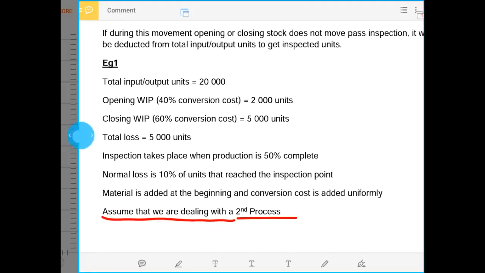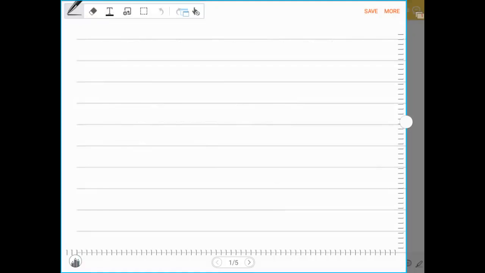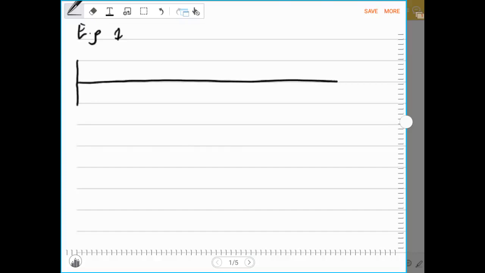So now let me just draw an underline that will simplify everything, and this is example number 1 that we are busy with. So now for us to determine the number of units that pass the point of inspection, we always have to draw this underline. And when you draw this underline, you write 100% at the end, because when the product is finished, it will be 100%.